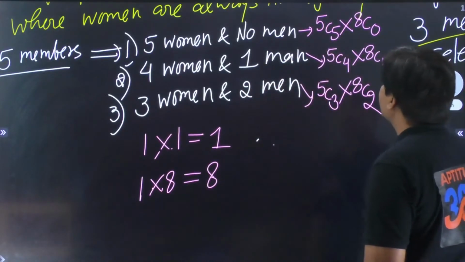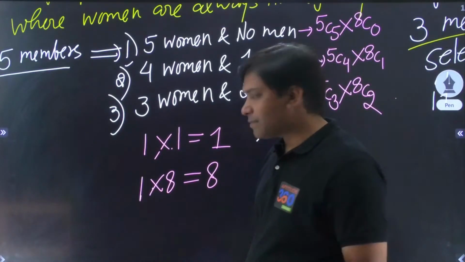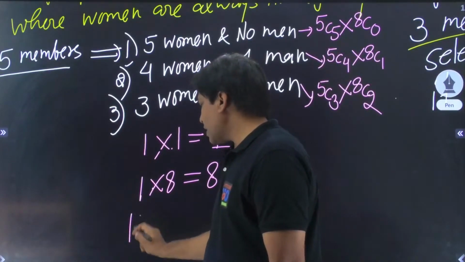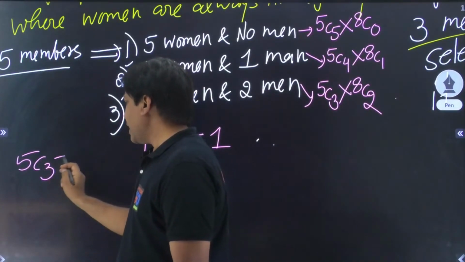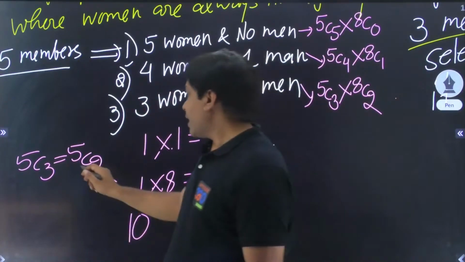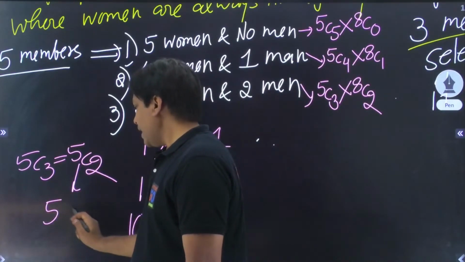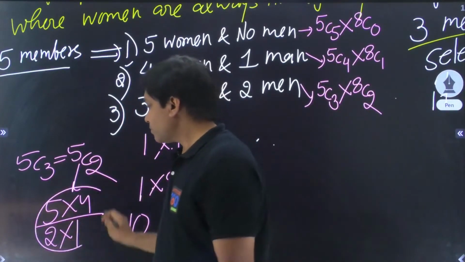And then 5C3. So 5C3 is nothing but 5C2. 5 minus 3. And 5C2 कैसे simplify करेंगे? 5 into 4 divided by 2 into 1. Simple.